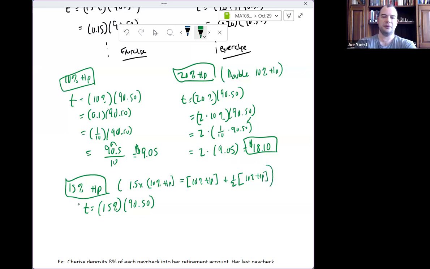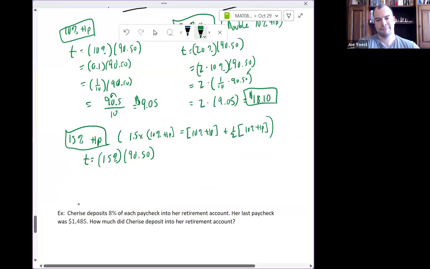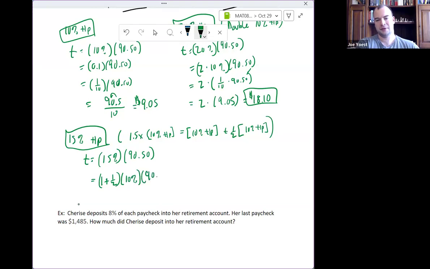So I can figure out what a 10% tip would be, figure out what half of that amount would be, and then add those two together. So this is like 1 plus a half of a 10% tip.